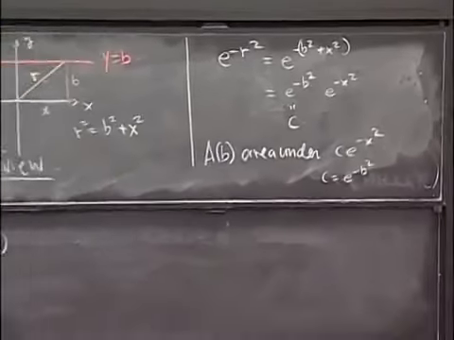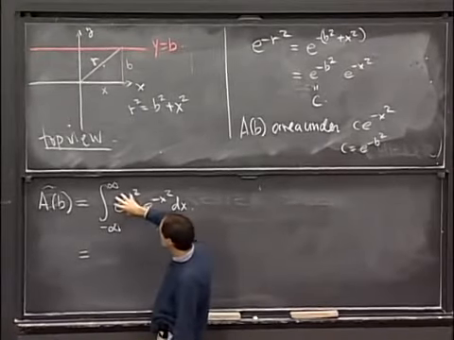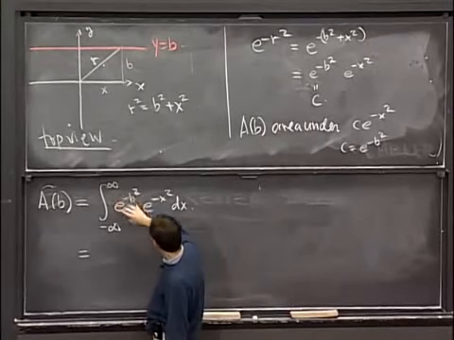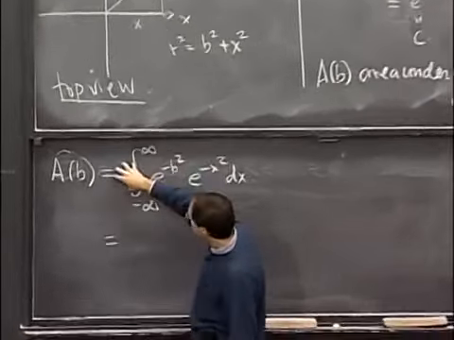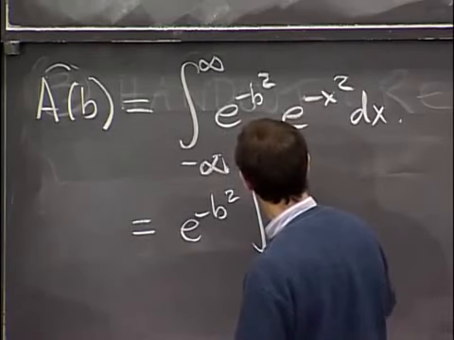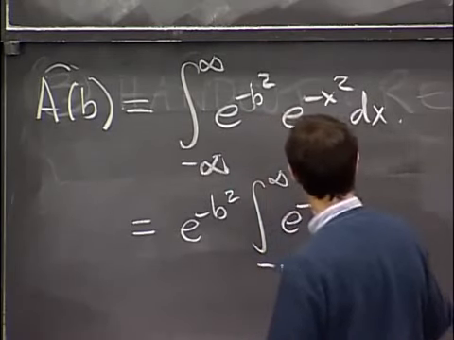And now, we have a lot of steps here, but each of them is very elementary. The first one was just the law of exponents, that we could split the two into products. Now I'm going to make that splitting even further. This is a constant. It's not varying with x. So I'm going to factor it out of the integral. This is e to the minus b squared times the integral from minus infinity to infinity of e to the minus x squared dx.